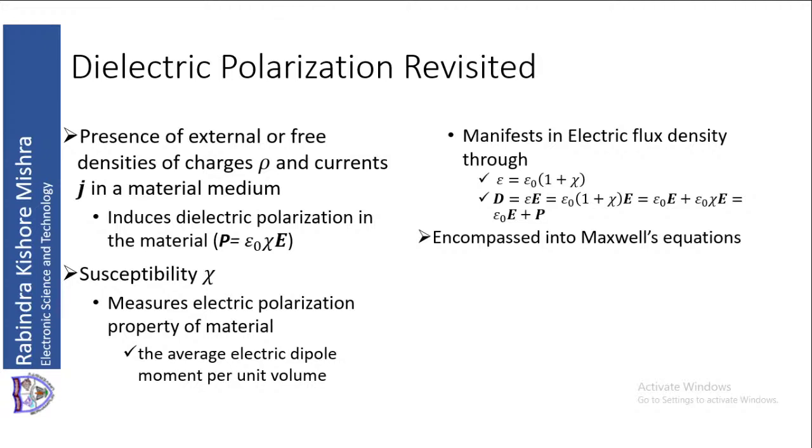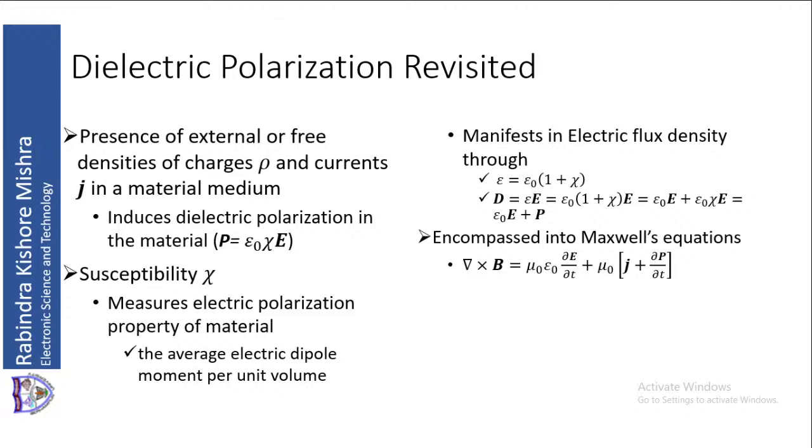Now if you incorporate this into Maxwell's equation, what will we get? Curl B is equal to mu 0 J plus mu 0 dou D by dou T, where small j is the current density.